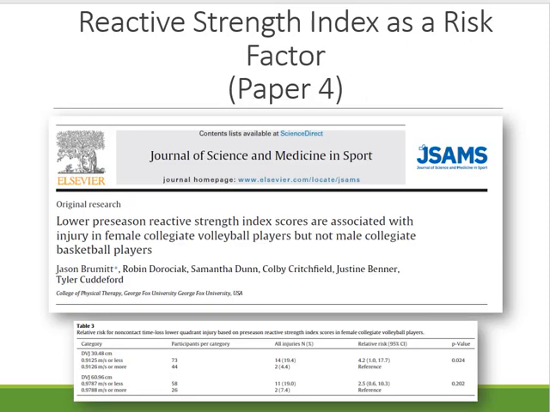And we found that a lower reactive strength index, which is essentially a measure of plyometric performance or one's explosiveness, that power component, meant people were 4.2 times more likely to have a non-contact lower quadrant region injury if they started the season with a lower reactive strength index compared to those who had a higher one.